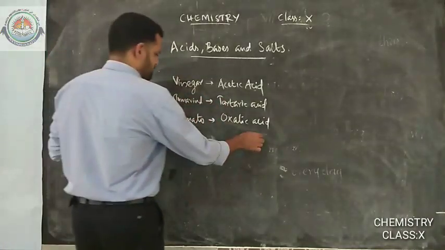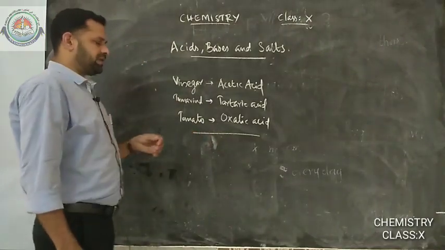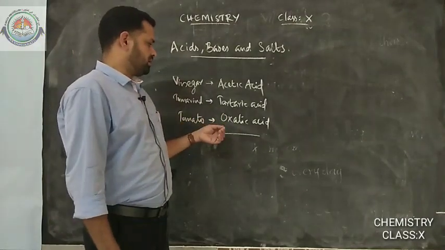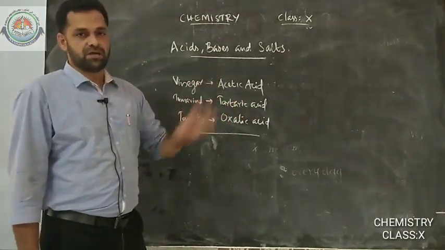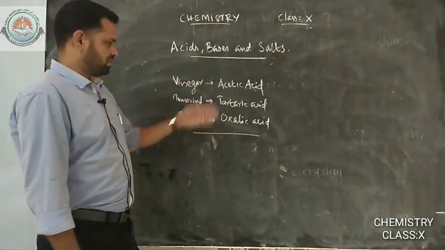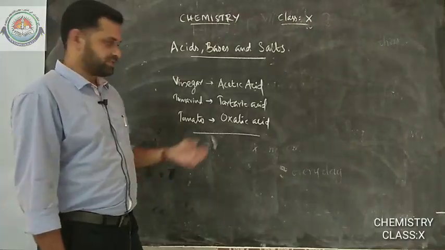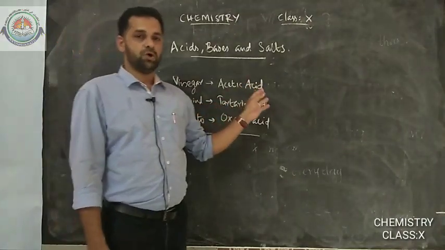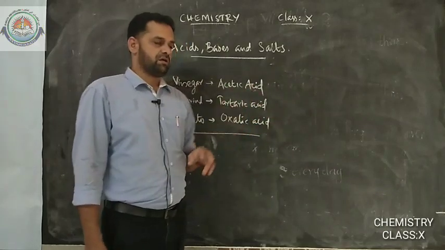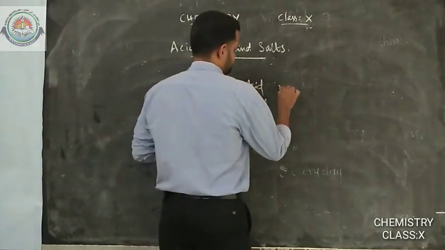And then, in addition to these organic acids, some inorganic acids are also present. These are natural acids because they are present in nature, and in addition to this there are some inorganic acids, or otherwise they are called mineral acids.